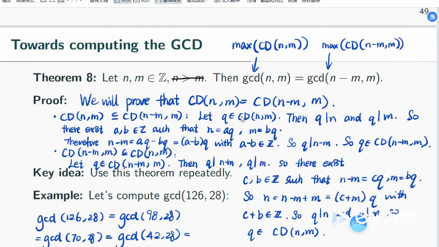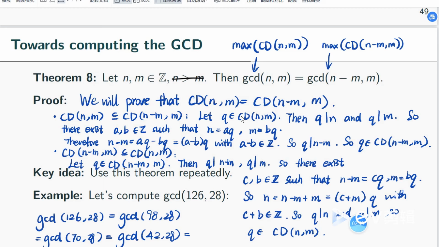It is based on theorem 8. So first we have to prove and understand theorem 8 in order to get the Euclid algorithm. Theorem 8 tells us that the greatest common divisor of n and m equals the greatest common divisor of n minus m and m.